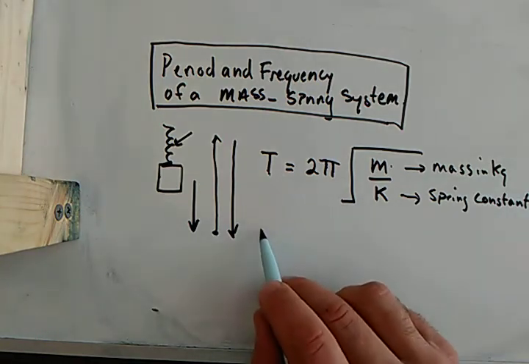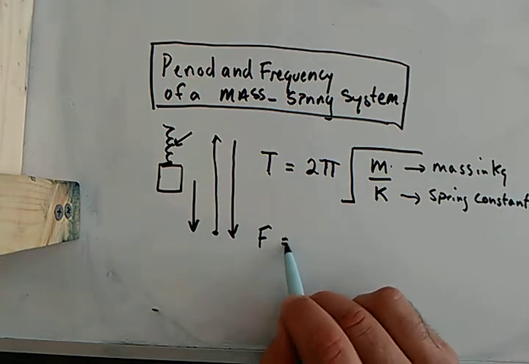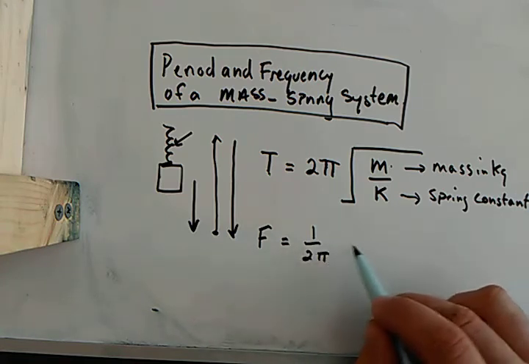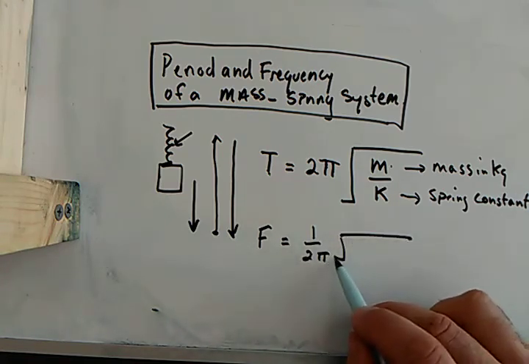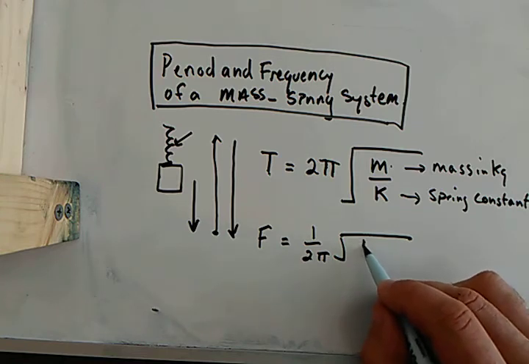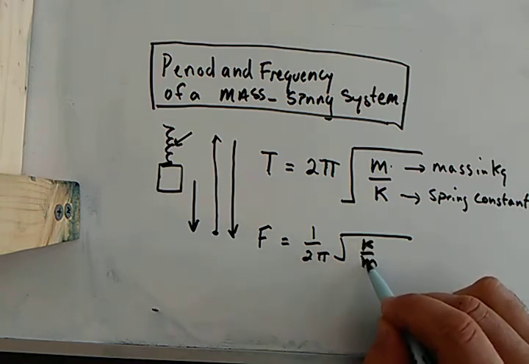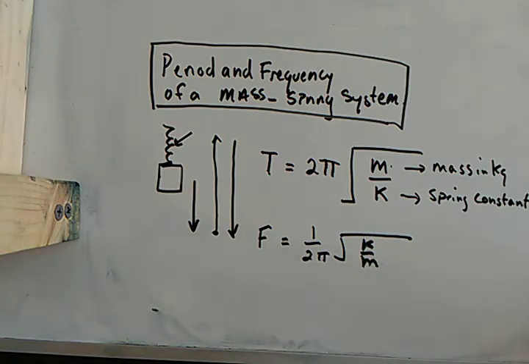So let's just relate this to frequency too. Frequency is 1 over 2 pi times the square root of the spring constant over the mass. So this is very useful when it comes to calculating the frequency of a mass spring system.